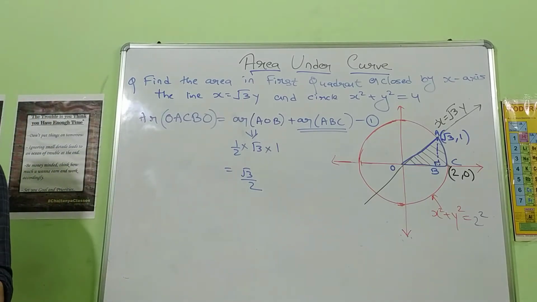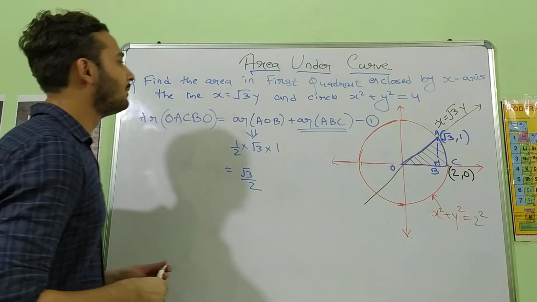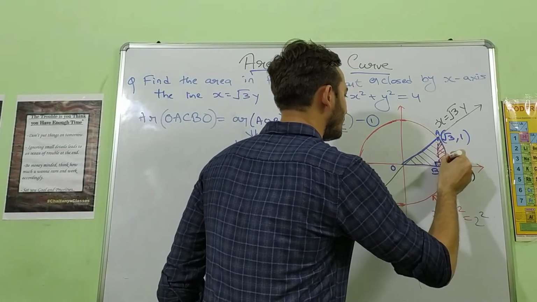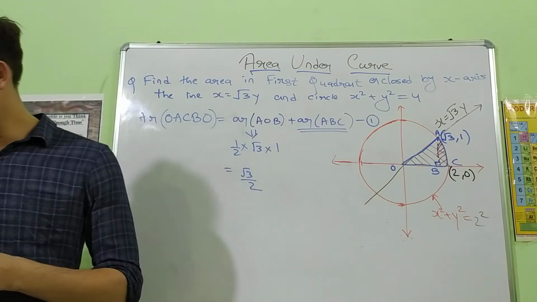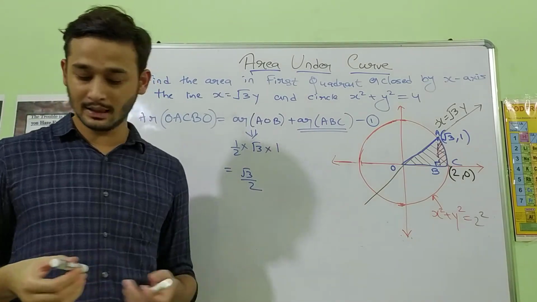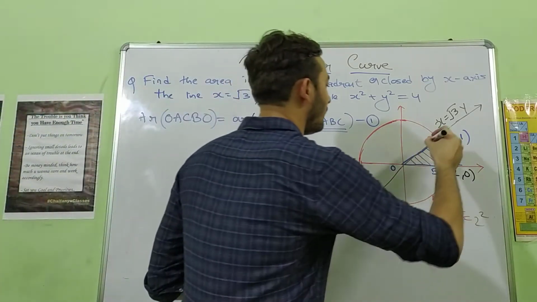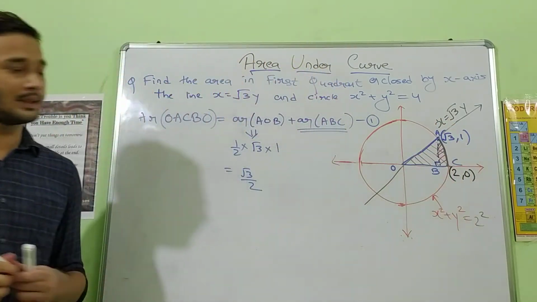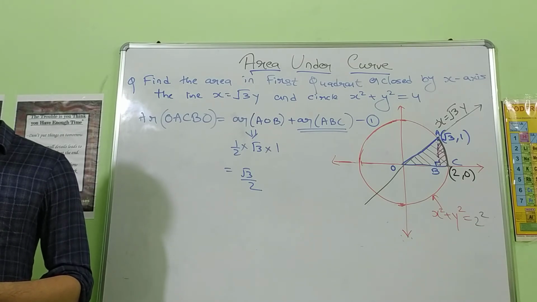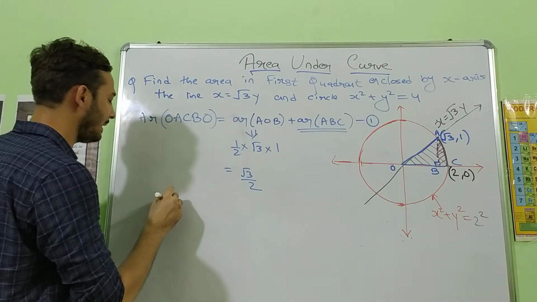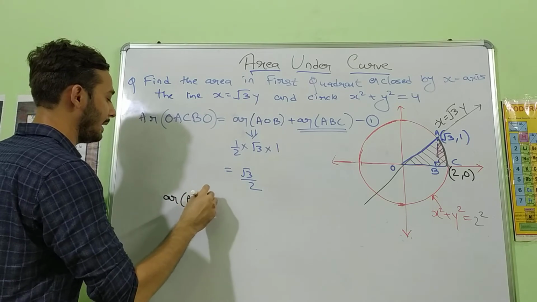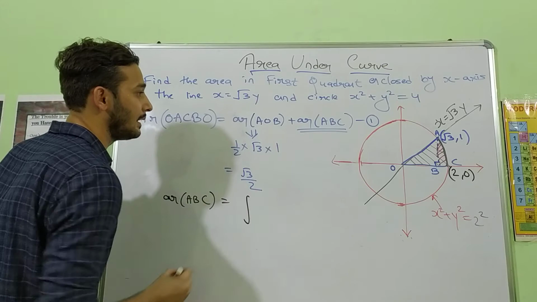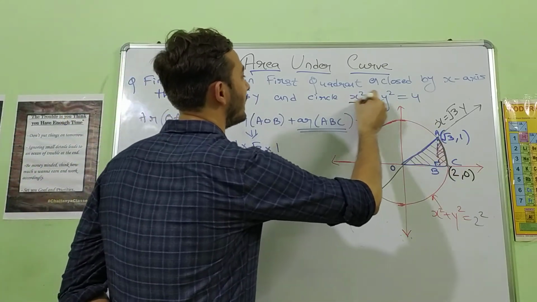How to find this area? So what will I do? Now see, I want this area. So I will integrate this circle from A to C. Means what? The equation of the circle is x square plus y square equal to 4.